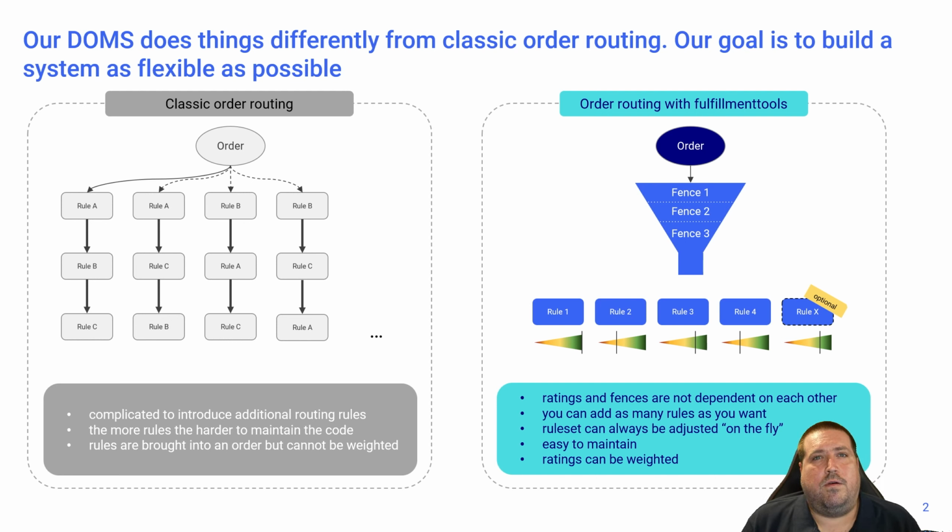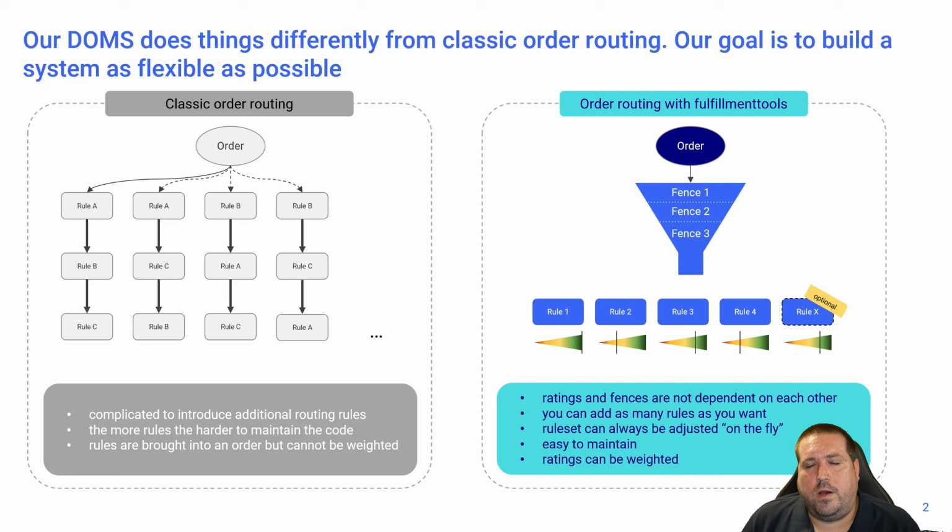So this could be, for example, I only want to be served in the same country that the customer is coming from. So a German order comes in, it should only be fulfilled from German locations, basically. So this would be done by the fences, and this will narrow down your available locations very quickly.